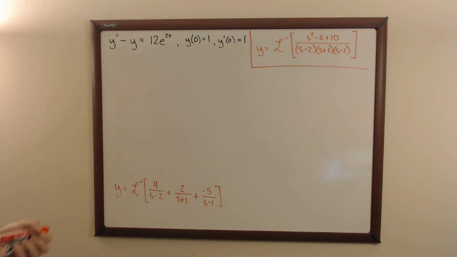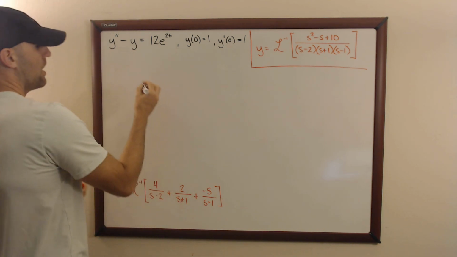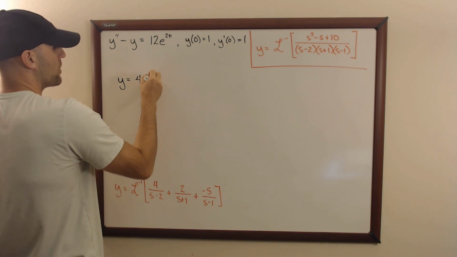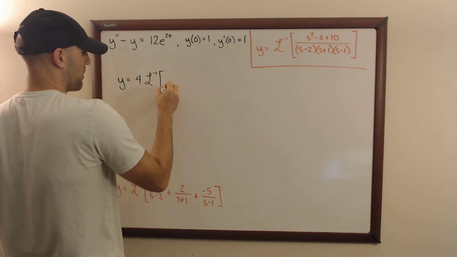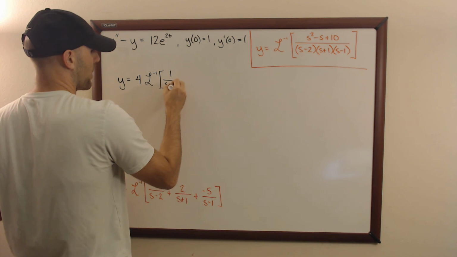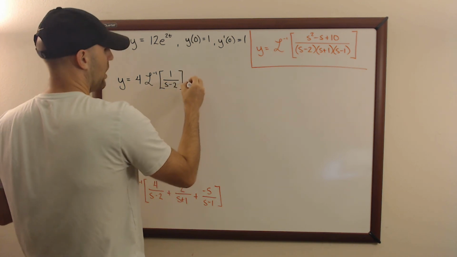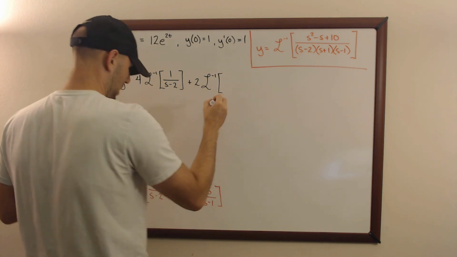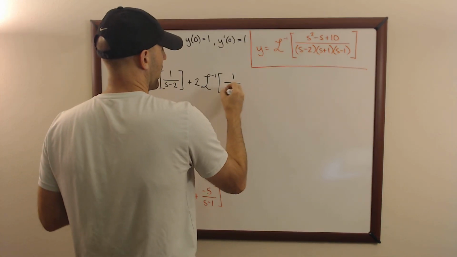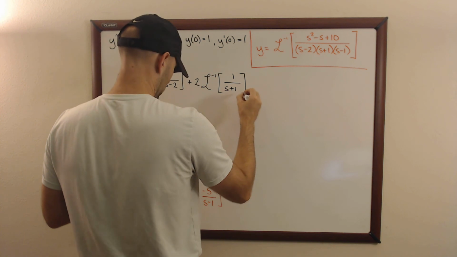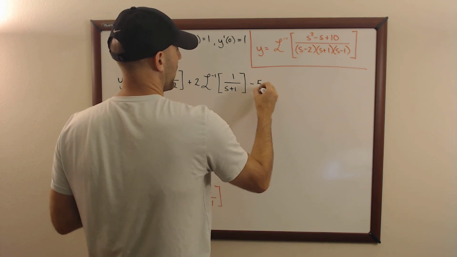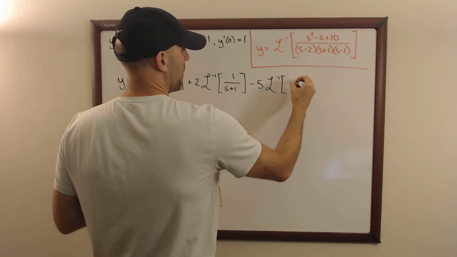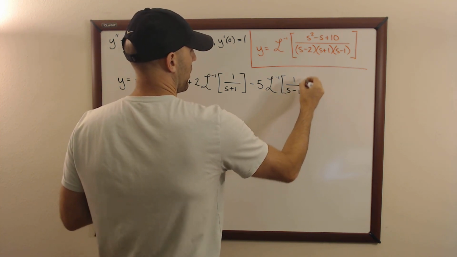We'll go back to black now that we've stopped the decomposition. So we've got y is equal to 4 times the inverse Laplace transform of 1 over s minus 2, plus 2 times the inverse Laplace transform of 1 over s plus 1, minus 5 times the inverse Laplace transform of 1 over s minus 1.